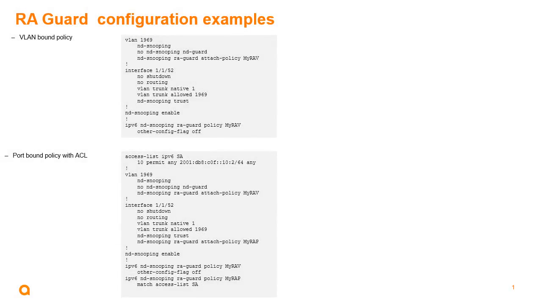Let's look at some RA Guard configuration examples, and firstly, let's look at the VLAN bound policy. The first thing you need to do is enable ND snooping globally. The second step is to define a policy. In this policy, I'm going to be checking for the O flag to be off.